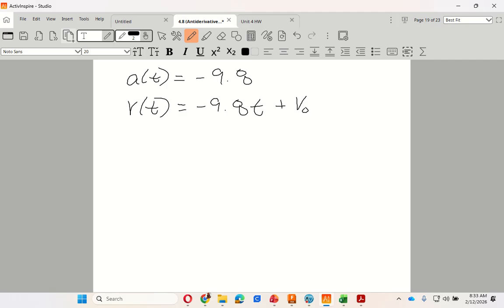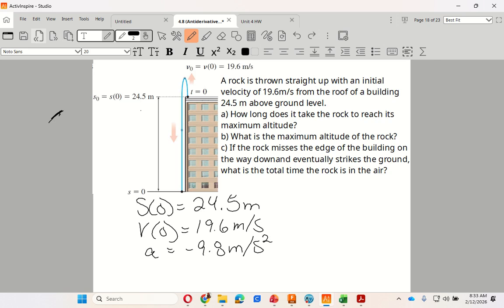Why is it that? Because in this case, I can go back to this problem, and that's going to give me my initial velocity here. Because I'm going to have a coordinate. Remember yesterday when we were doing this, we needed an x and a y, and we had to do it twice, one for each order. So for my velocity, this one is an ordered pair of 0, 19.6.